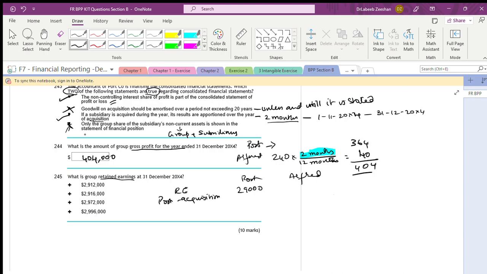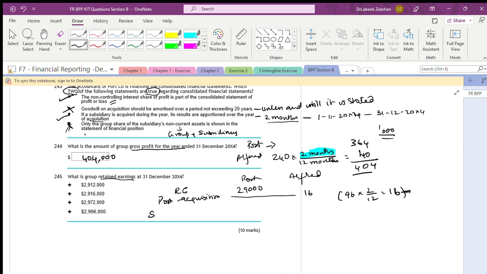Post acquisition profits are 96, into 2 months, divided by 12. This is also in thousands. It comes to 16.